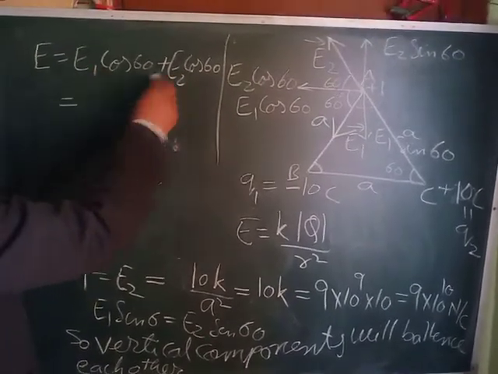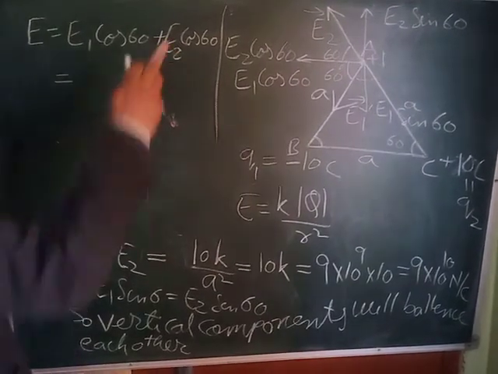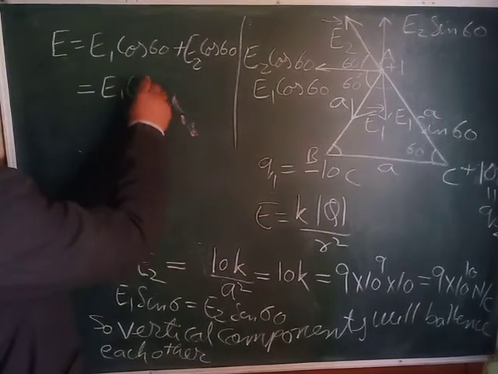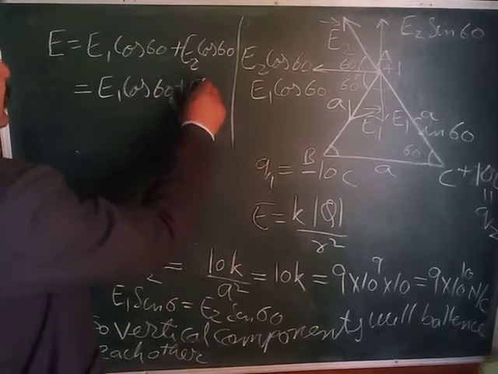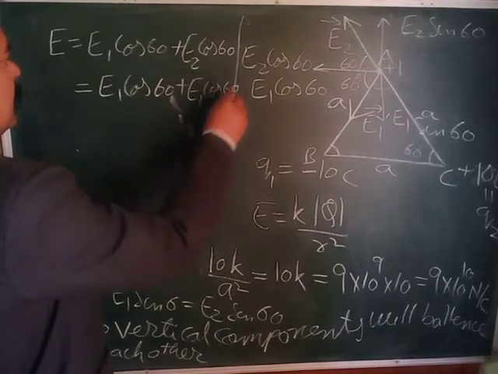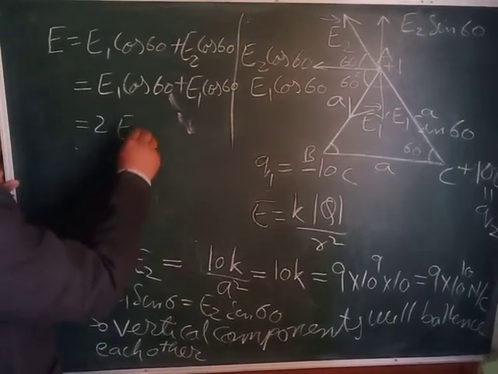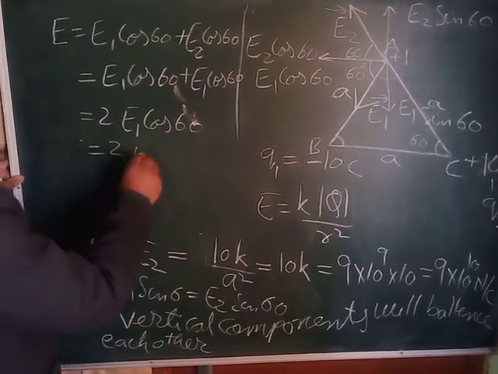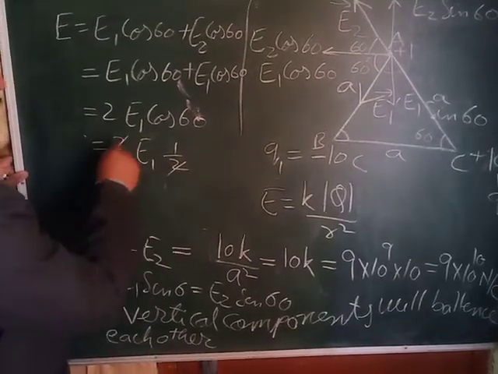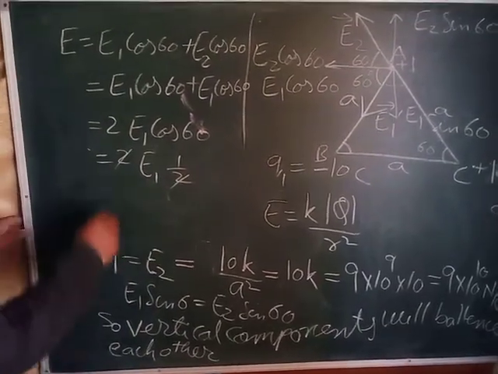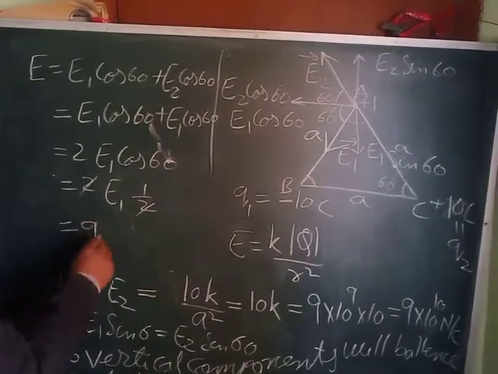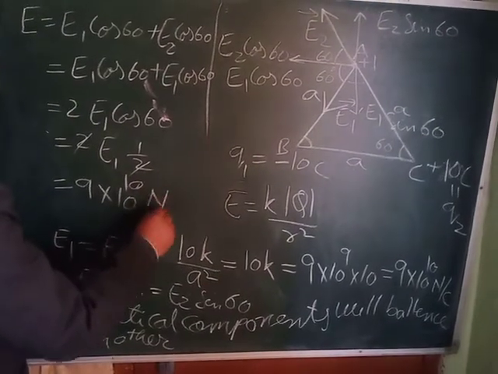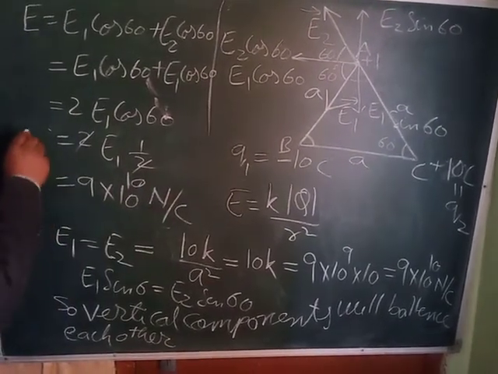We get E1 cos 60 plus E1 cos 60, that means 2 E1 cos 60. But cos 60 is 1 by 2, so the 2 cancels out and we have E1. The value of E1 is 9 into 10 to the power 10 Newton per coulomb. So this is the net electric field.